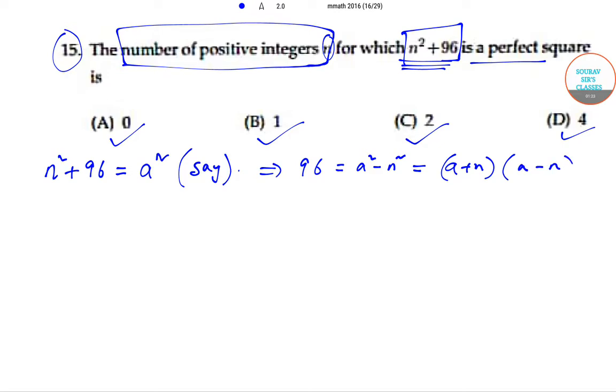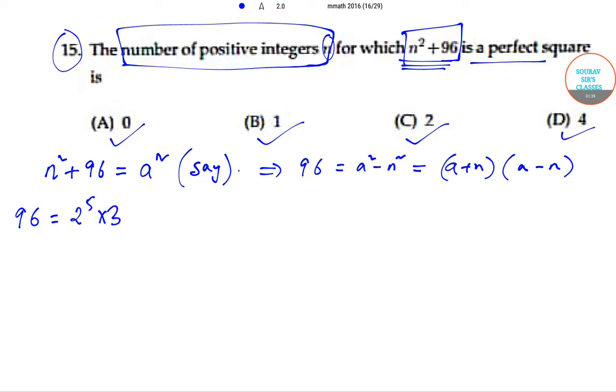Now we know that 96 is equal to 2 to the power 5, 32 into 3.